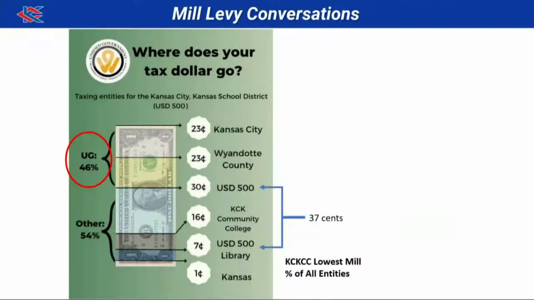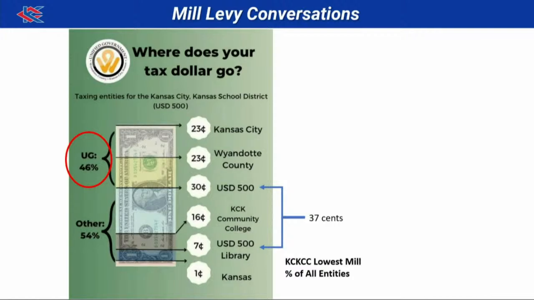So I want to share a screen with you to help provide a picture of where KCKCC is in relationship to the mill. If you take a single dollar and you identify where those cents of the dollar go, you can see that the Unified Government is currently at a combined rate of 46 cents on the dollar.